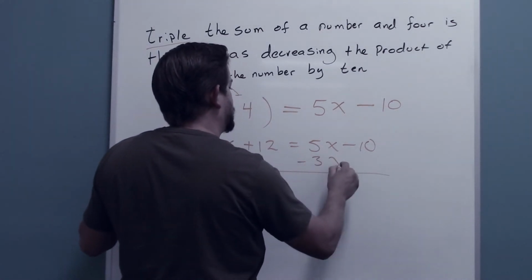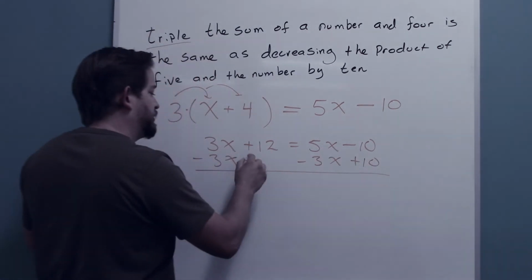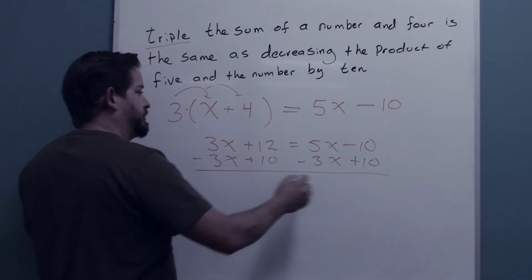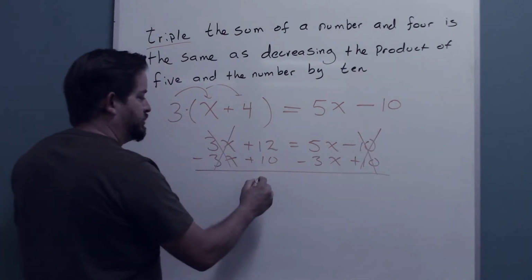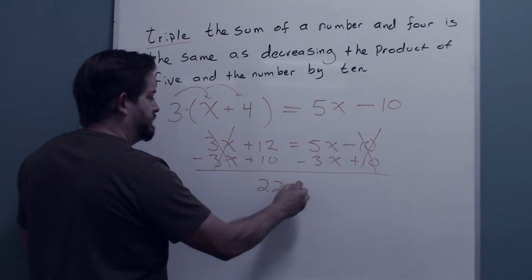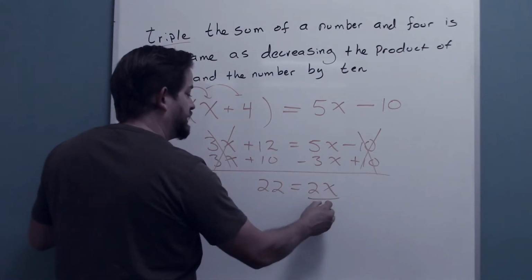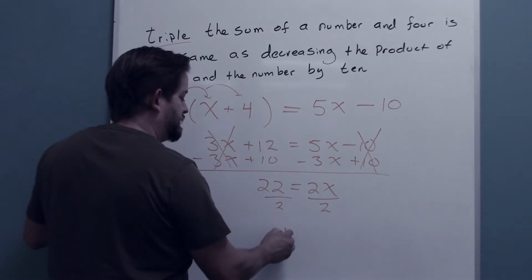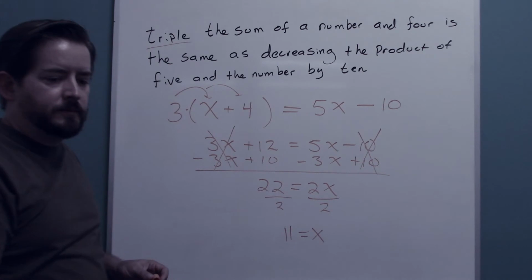Again, if you don't like that they're going to the right-hand side, you don't have to do that. Seems to have been that way for many problems in a row, though. That leaves me with 22 on the left, 2x on the right, and if I divide by 2, I have x is 11.